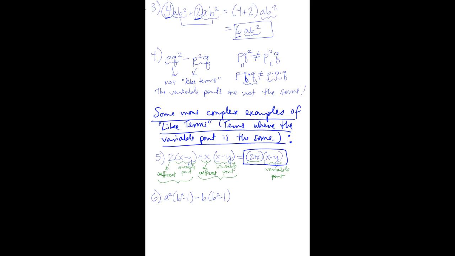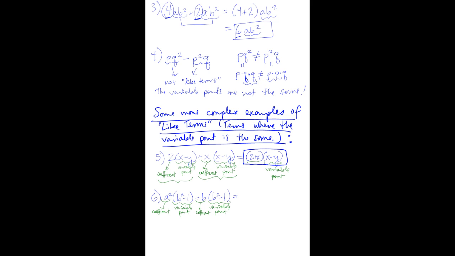Well, again, if I treat the stuff in the parentheses as the variable part, you can see that it is equal. And if I treat this part as the coefficient, even though it contains a variable, and this part as the coefficient, again, even though it contains a variable, then I can do exactly what I've been doing in all the other problems.